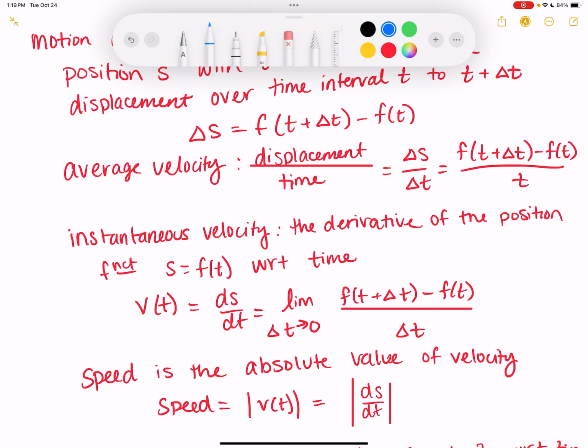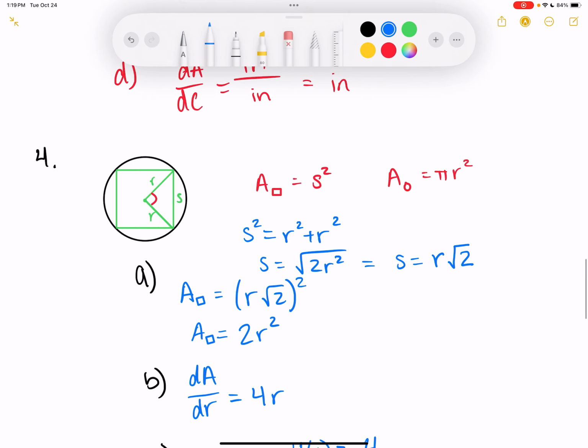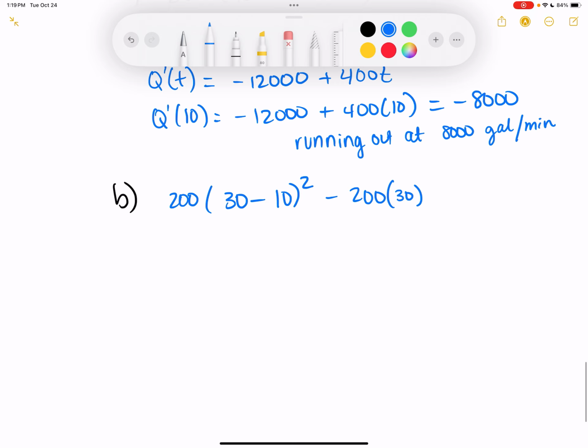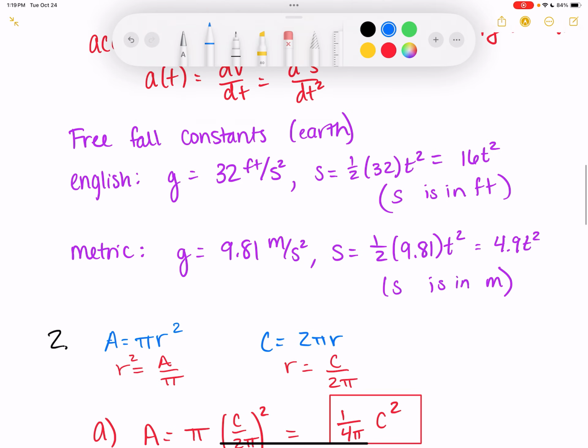We're not actually taking the limit, so we're doing this one here. It still doesn't make sense for that answer though. What is happening?